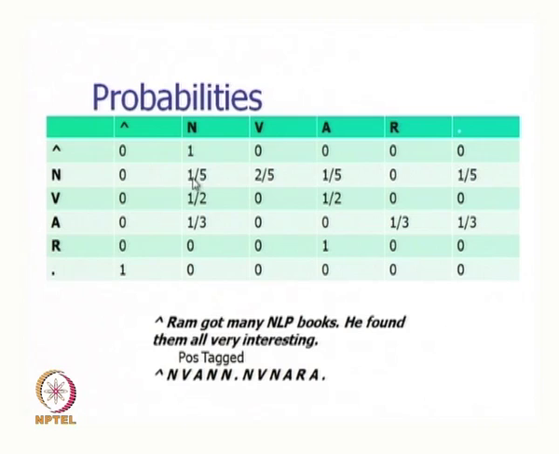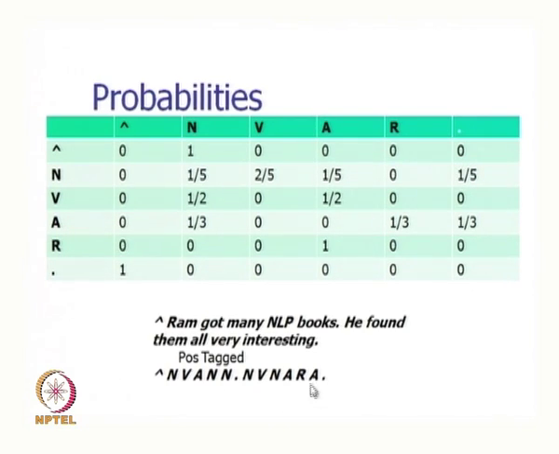How do we get this number 1 by 5 for this cell? This is nothing but the probability of noun given that the previous tag was noun. So, this is shown to be equal to 1 by 5. Why is it so? We have to compute the probability of n given n, which is nothing but the number of times the sequence n comma n occurs divided by the number of n's.